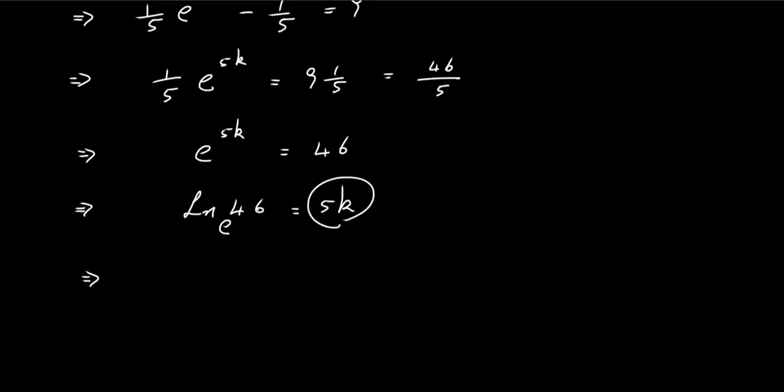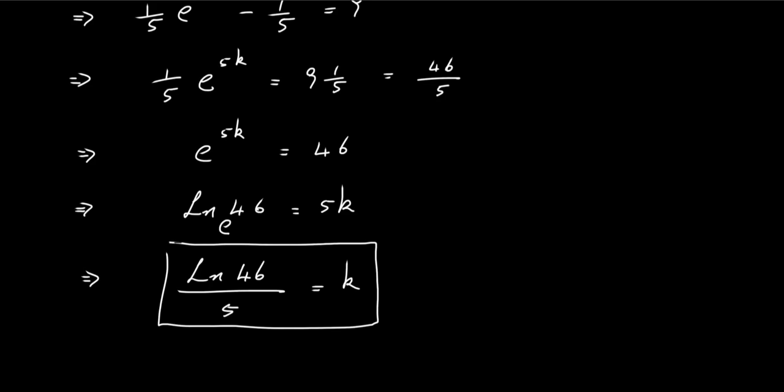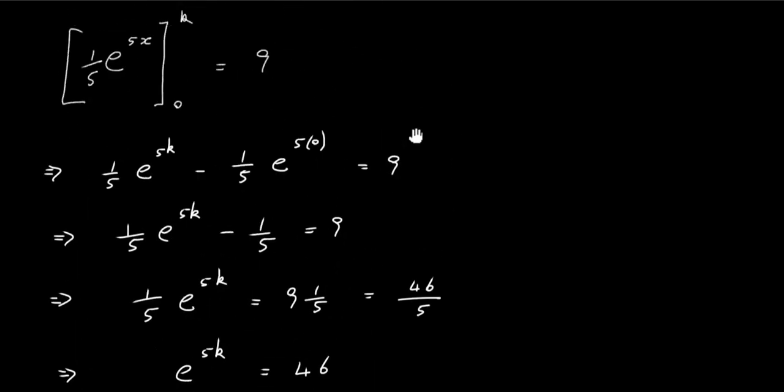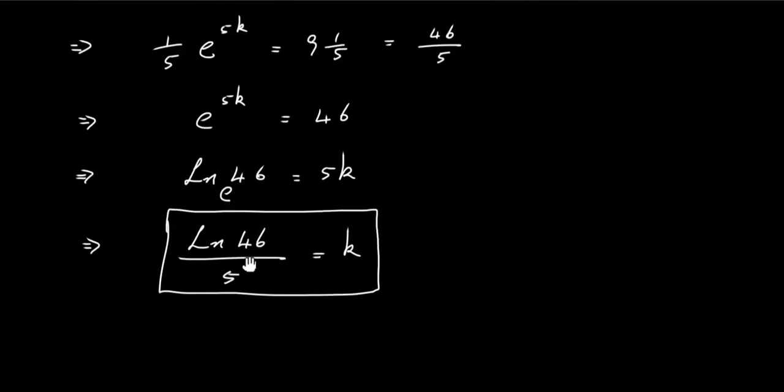I want to get k on its own, so I'm going to divide both sides by 5. So it's the log of 46 over 5 is equal to k. So this is my answer here. We were just asked to write k in the form log of a over b, where a and b are natural numbers. And you can see 46 and 5 are both natural numbers. Okay, so that's it for this question.